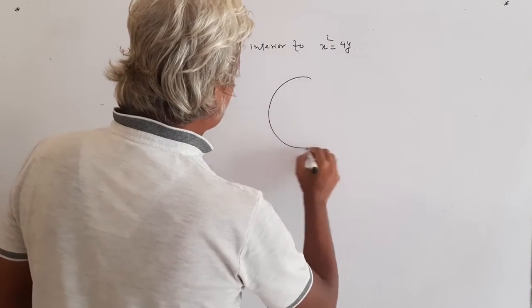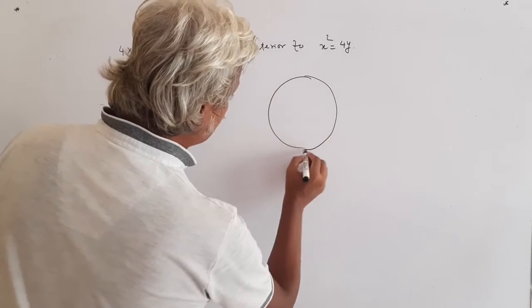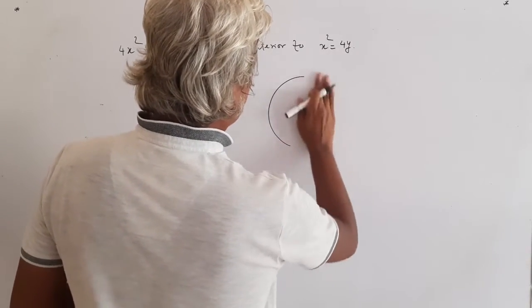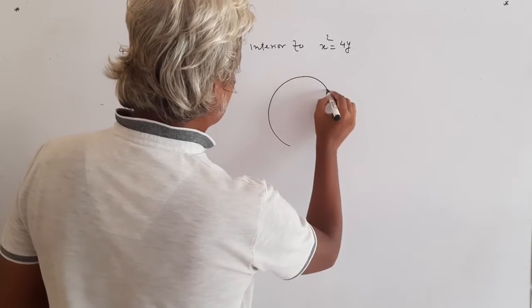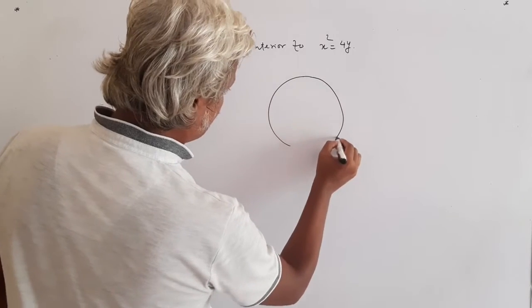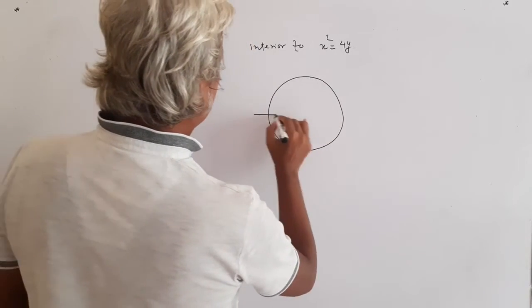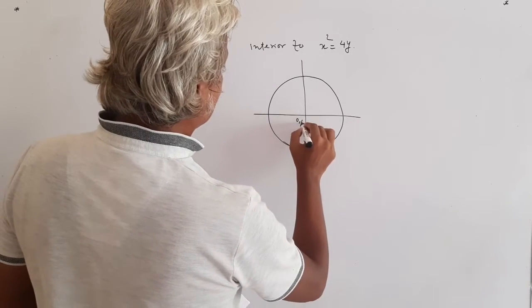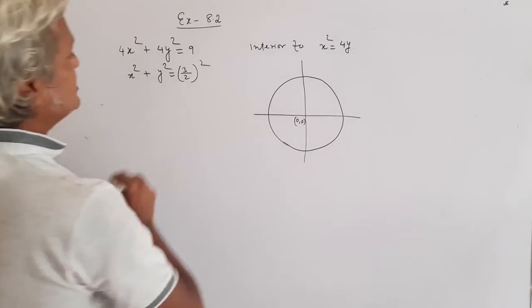So I draw a circle here. This is my circle. Okay, I need to draw a better circle, yes, better. So this is the circle with the center (0, 0) and the radius 3 by 2.